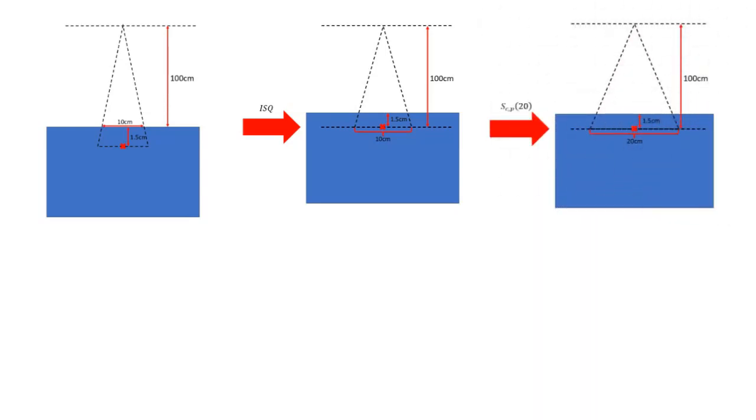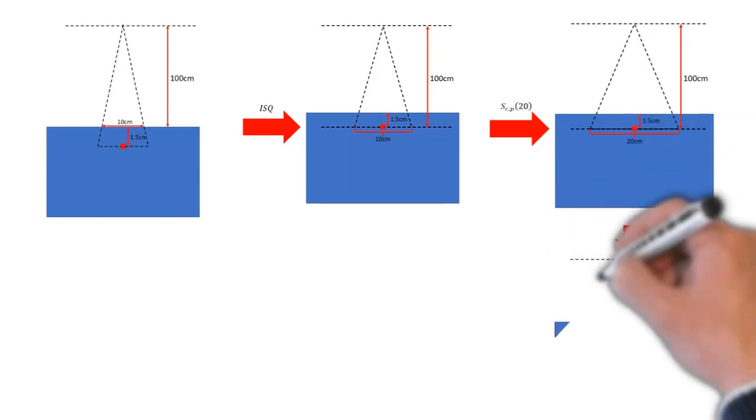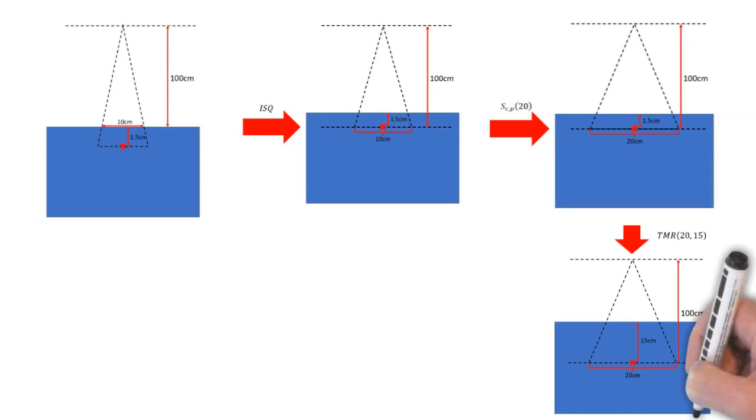We increase that jaw size, and we account for the differential amount of scatter coming from the collimator and also coming from the phantom. And now, of course, we can account for the depth change with the TMR. We change the depth of our calculation point and put it at 15 centimeters, which is what the problem asked for. And now our calculation geometry looks like this.